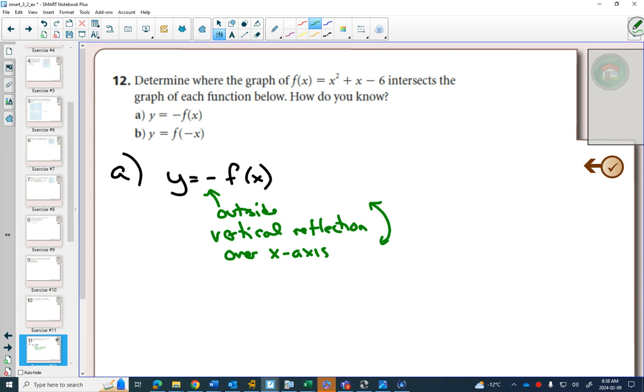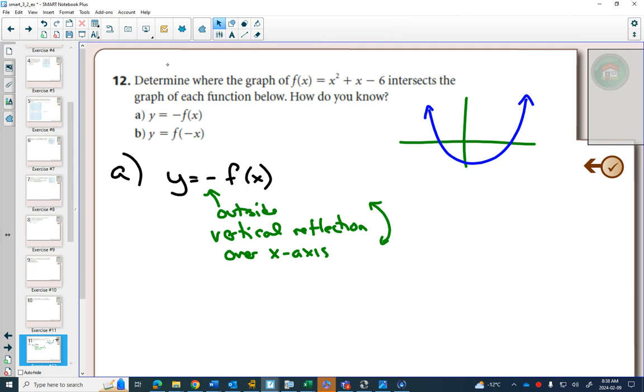So without knowing exactly what it looks like, I could imagine a parabola that's going up. There are possibilities: that parabola could be there, it could be up here, I'm not sure where it is exactly.